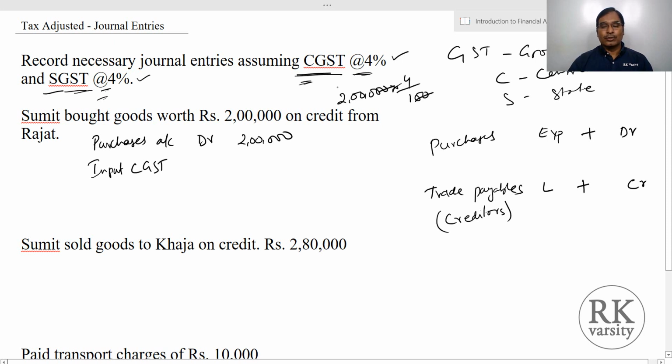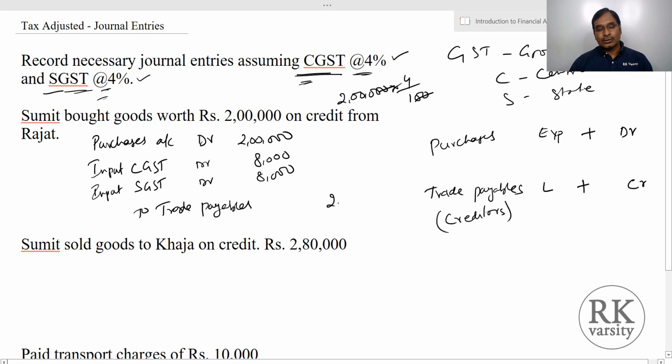So this is going to be 8,000, which is your input CGST. Then you have input SGST, another 8,000, to trade payables. So the total amount of trade payables is 2 lakhs plus 8,000 plus 8,000, that is 2 lakhs 16,000.